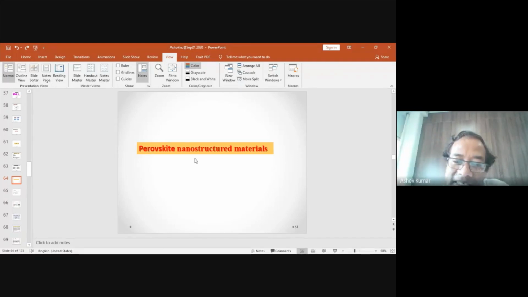In this particular case, we are talking about the nanostructure material of the particular perovskite, and this is not using a vacuum technique. This is using another technique, which is hydrothermal or solvothermal technique. Hydrothermal and solvothermal technique is nothing but, you can compare it to a pressure cooker.